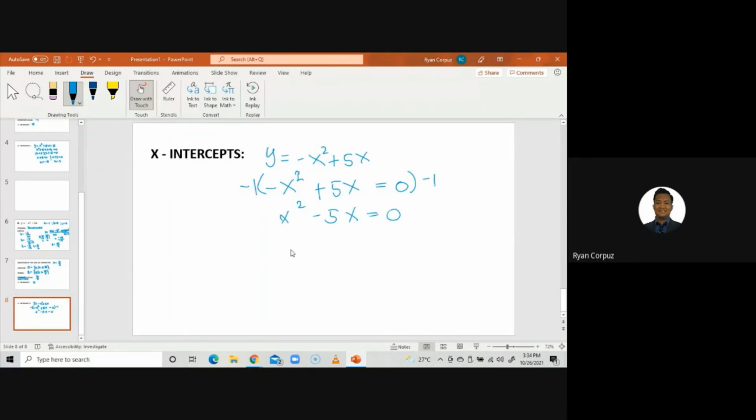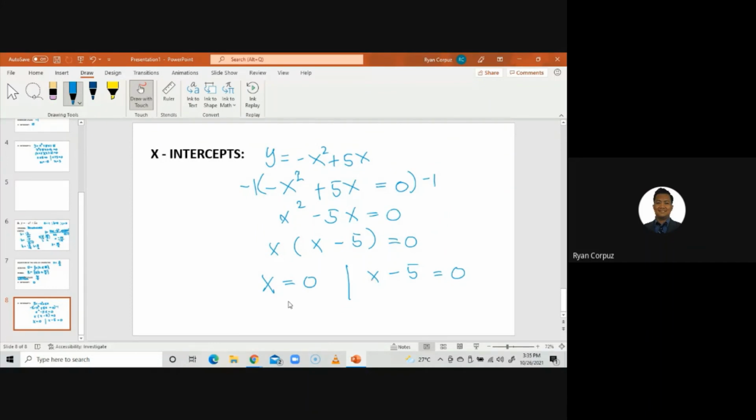So, factor yung gagamitin natin dito. Both terms, ang common factor niya ay x. So, it should be x times x minus 5 equal to 0. So, using zero product property, the first factor is x. So, x is equal to 0. And the other one, x minus 5 is equal to 0. Kapag ang given quadratic equation natin ay walang constant term, automatic yon na ang isang solution niya ay 0.